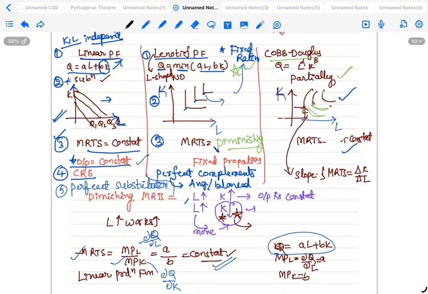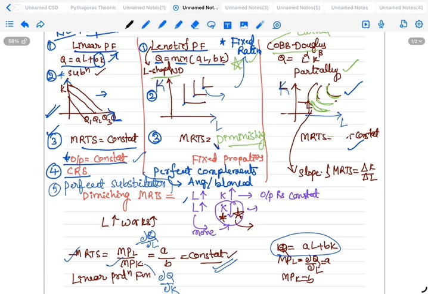And the isoquants are curved. Isoquants in the Cobb-Douglas function are curved. You can remember like this, C for curved. In the Leontief production function, L-shaped. And MRTS is not constant in the Cobb-Douglas production function.